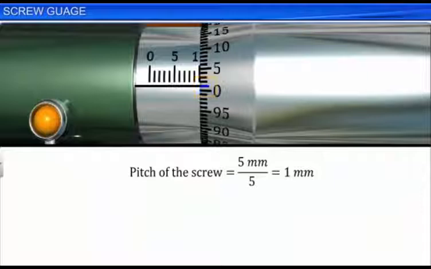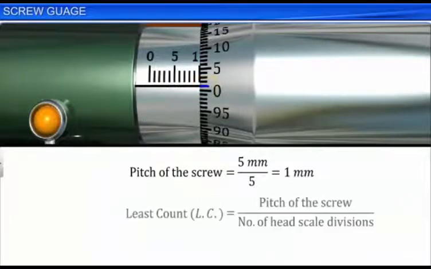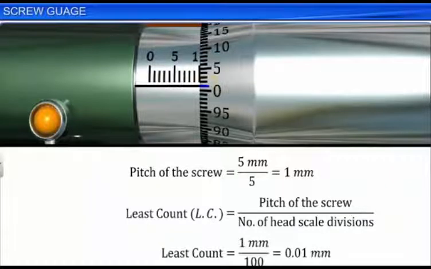In another way, the least count is equal to the pitch of the screw divided by the number of head scale divisions. As the pitch of the screw is 1 mm and the number of head scale divisions are 100, the least count of the screw gauge is 1 mm by 100, which is equal to 0.01 mm.